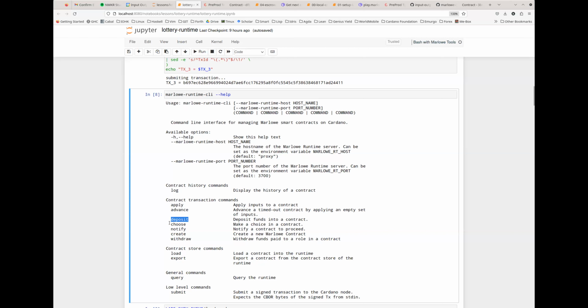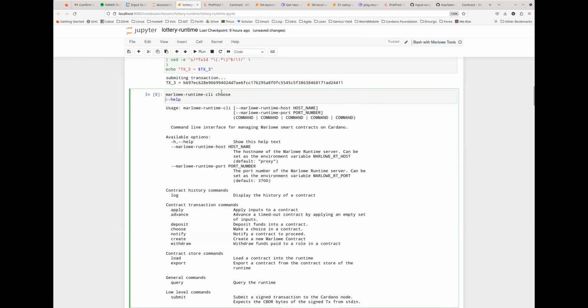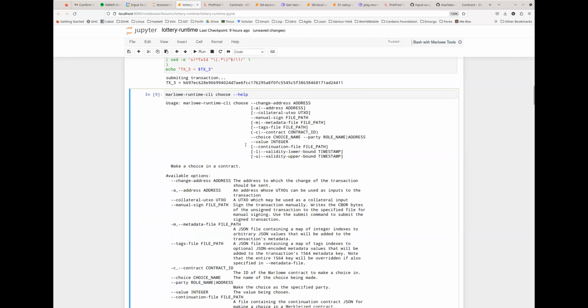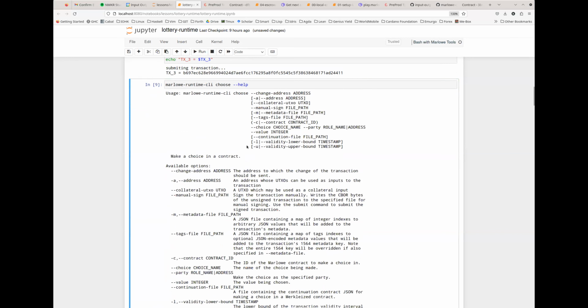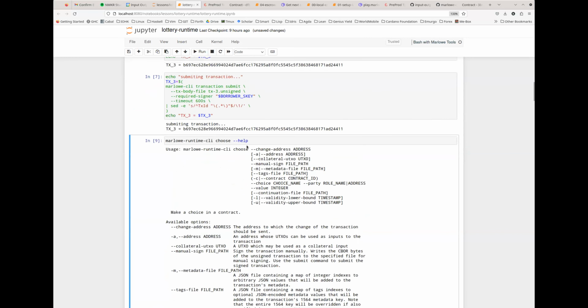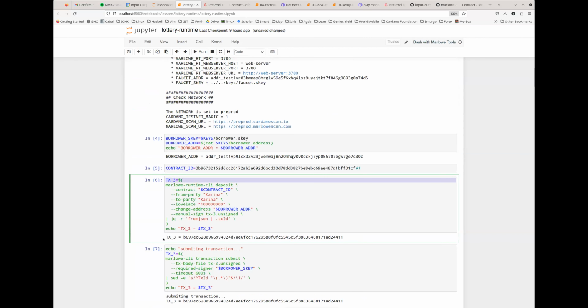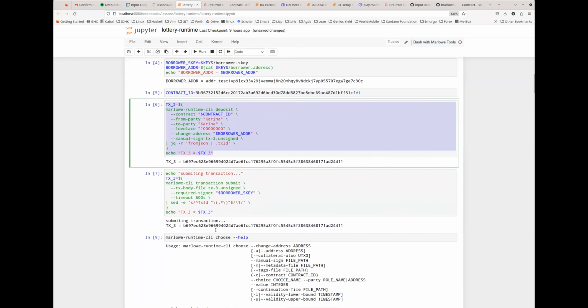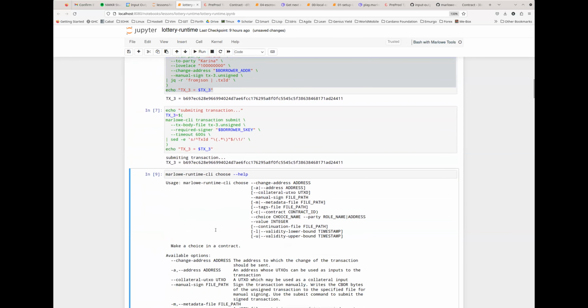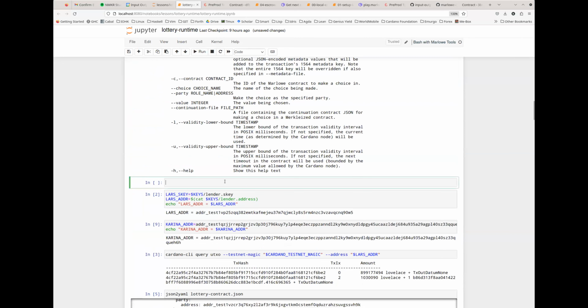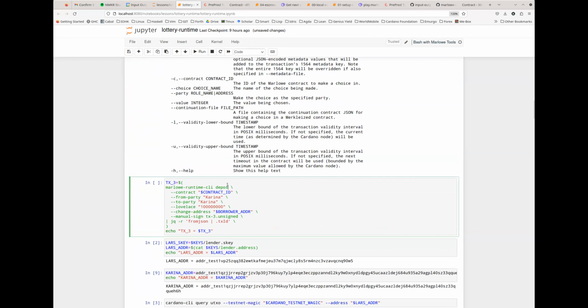Now we want to make a choice. So that's the choose command. And we see, in principle, I can just copy the deposit. So it's choose now.